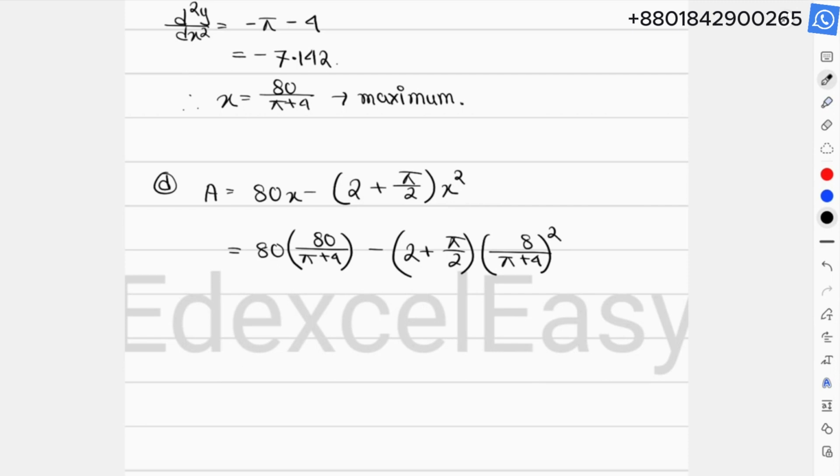But you approximately get 448.079. We're going to keep our answer to 3 significant figures. So you get 448 meters square, because area was measured in meters square. So 448 meters square. This is the final answer.